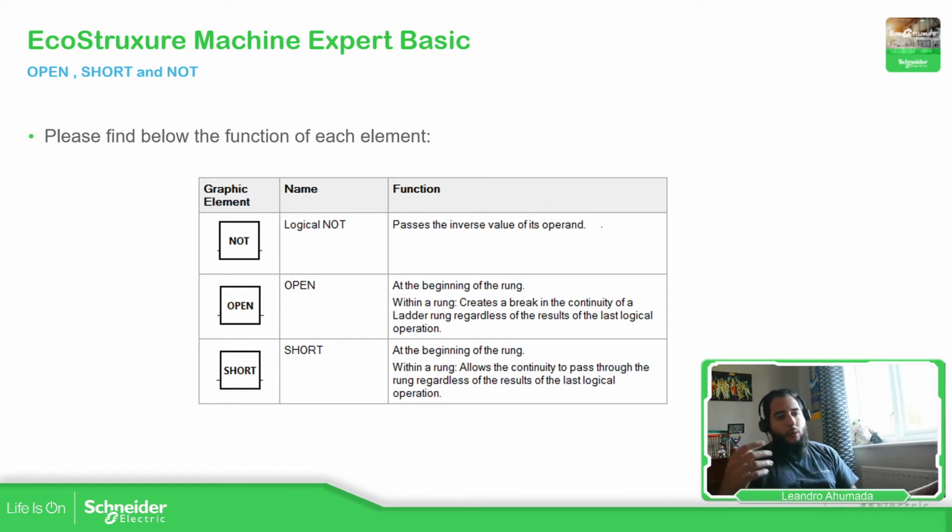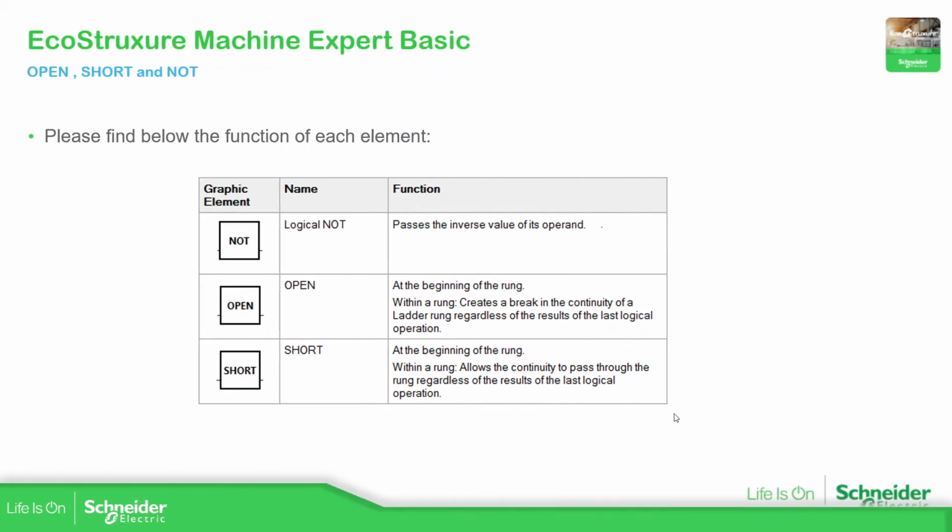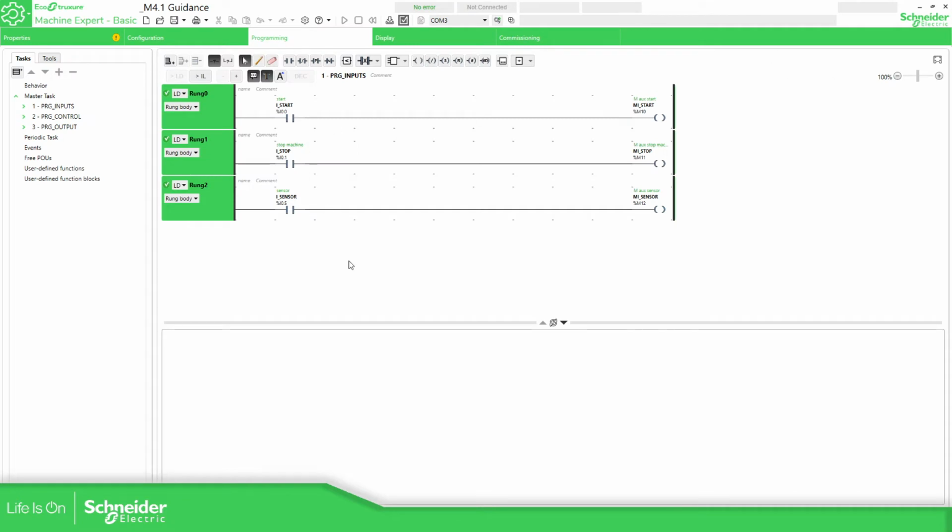So let's go now into the application so we can see how we can add these three objects. So if we go back here, just open this software. As I mentioned before, we have programming. In here, in the plus icon, we can see not, open, and short.